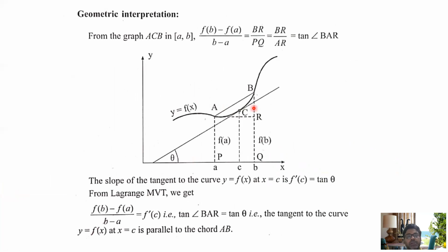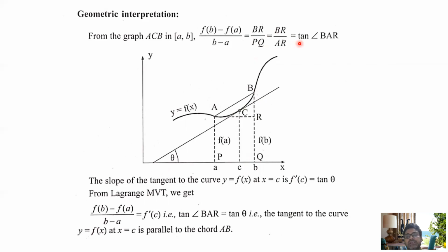From the geometrical interpretation, from the figure, graph ACB is a graph of y equals f(x). In AB, (f(b) minus f(a)) by (b minus a): this is f(a), this is f(b), and f(b) minus f(a) is equal to this one. This is your a, and this is your b, that is b minus a, that is PQ.